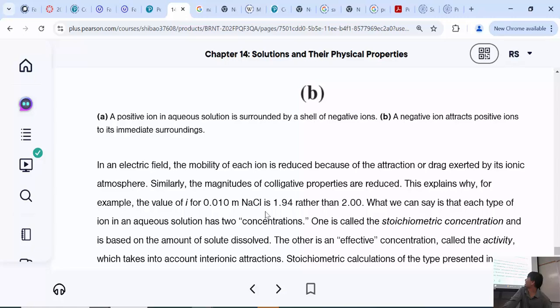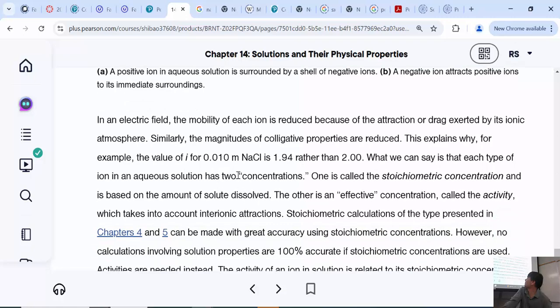And so you have to go down this section, and you can skip over the first stuff if you don't want to read it.